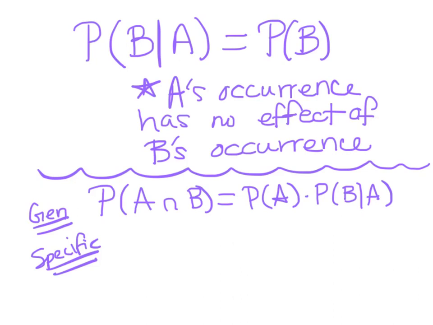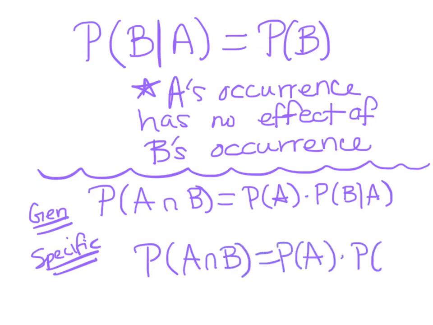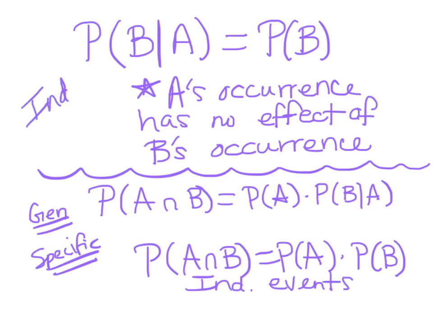Because the probability of B will equal the probability of B given A for independent events, then I can change this to read the probability of A intersects B equals the probability of A times the probability of B. And again, this is only for independent events. And that's why at the top, we can check for independence just by using this idea.